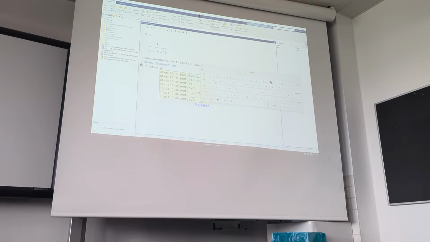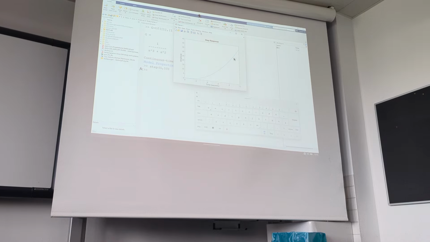Let's say 10 seconds. Hit enter, and then the figure should come up here with the step response. So stationary, we have the ramp, and the curved part is the delay with which the system goes into the stationary ramp.